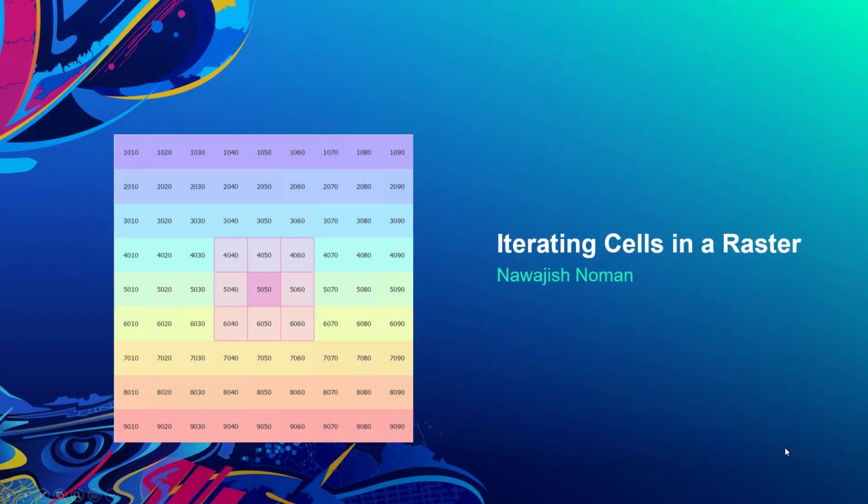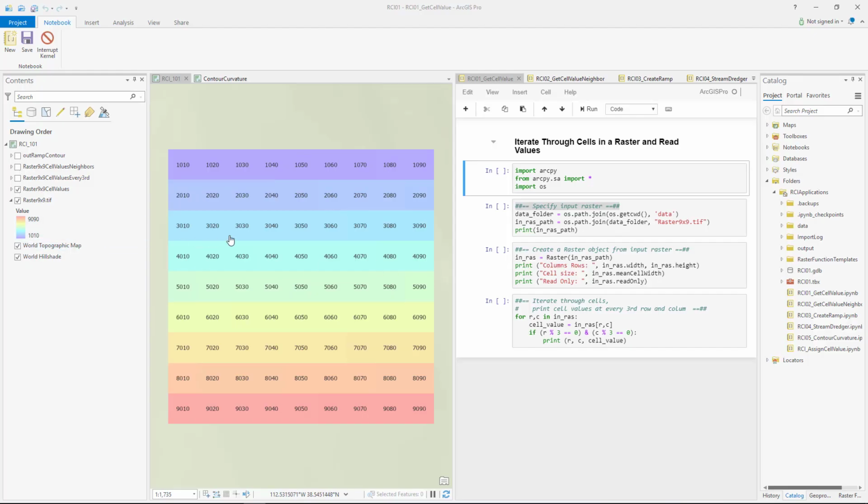So now let's iterate some cells in a raster. In this example, I have a small raster that has 9 rows and 9 columns. I want to iterate through each of these cells and print a few values.